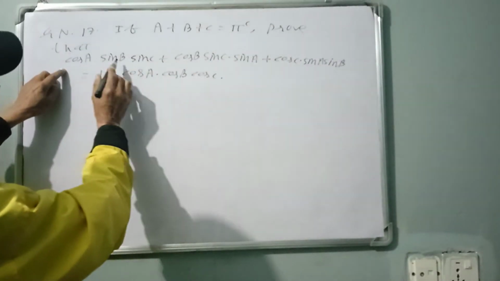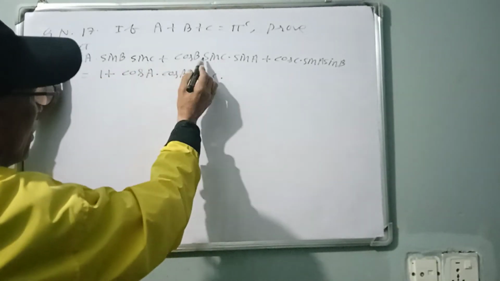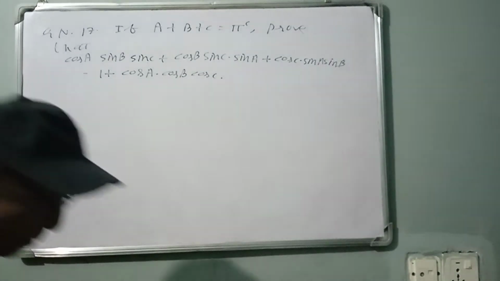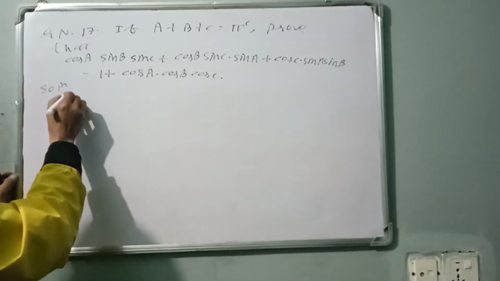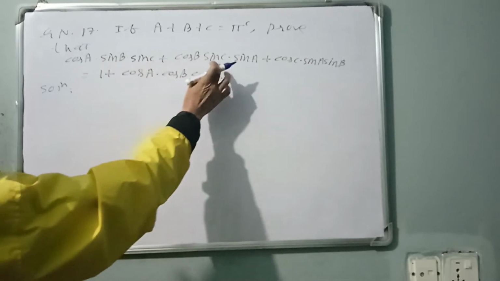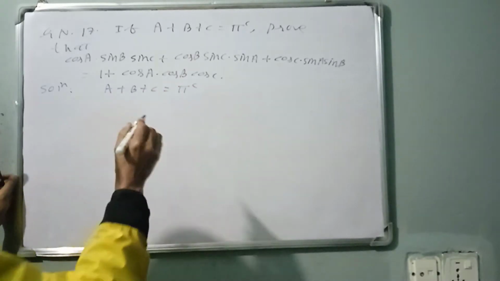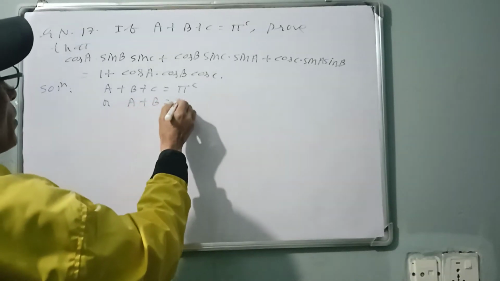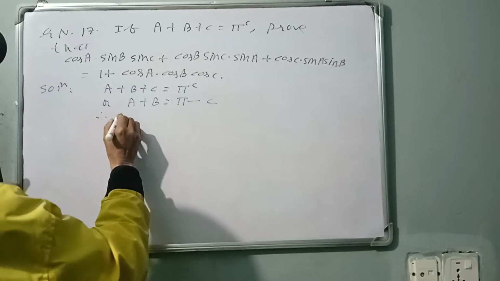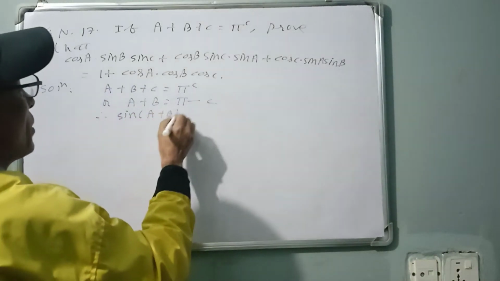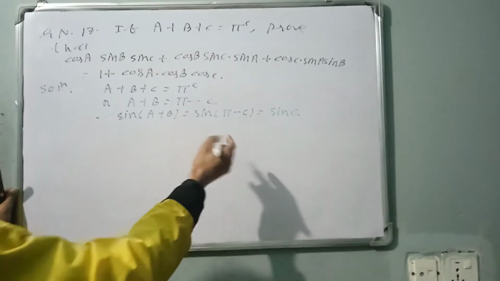What is common in the first and second? If we take sin C common, we get cos A sin B and cos B sin A. So the solution is this: taking sin C common, sin A plus B comes. Given A plus B plus C equals pi radian, so A plus B equals pi minus C. Take sin and cos: sin A plus B equals sin of pi minus C, which is sin C. Second quadrant, sin is positive.